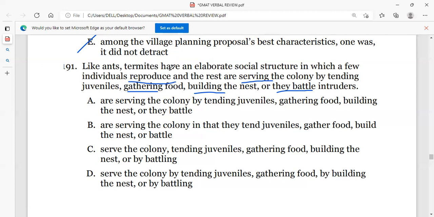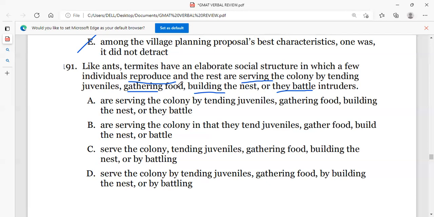See, if this is reproduce, then this cannot be are serving. It has to be serve. By parallelism in tense, if this is reproduce, then this also has to be serve, which is a simple present, something which is a universal truth, something which is happening always, right? Reproduce, serve. So this is a common characteristic and this is something that happens. It's not that it is happening now and it will end later.